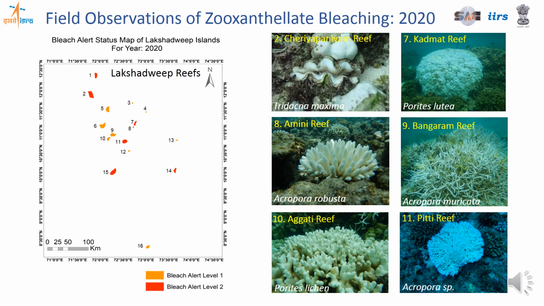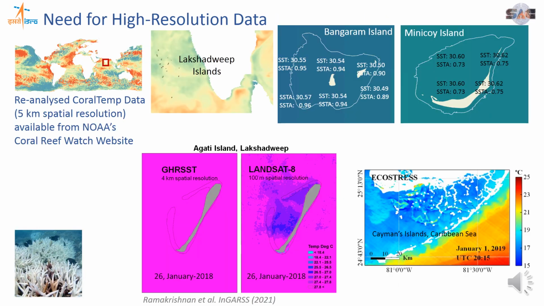So this kind of event is regularly happening in Lakshadweep. And in case of these events, what is very important is that we are able to pick up this island-scale variability, because, as we have learned, these are very small islands with reefs or submerged banks with them.